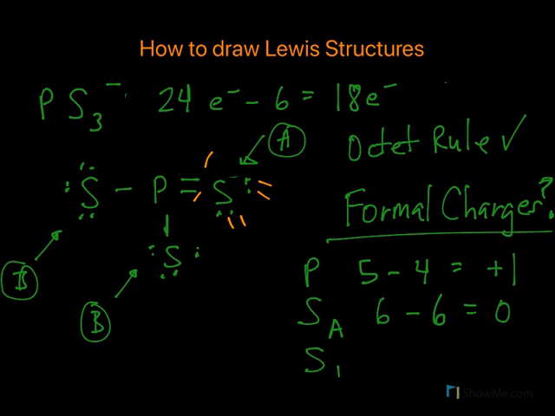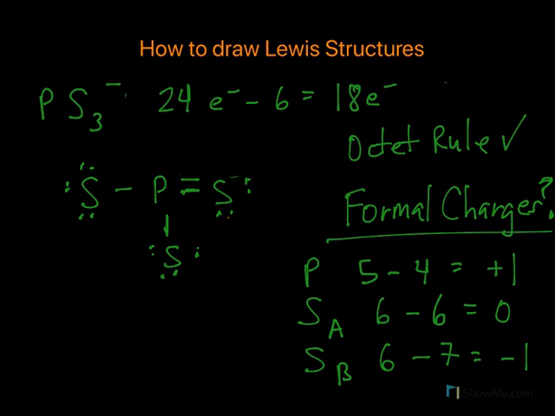How about sulfur B? Again, each sulfur has 6 valence electrons. It is contributing 1, 2, 3, 4, 5, 6, 7. So sulfur B is contributing 7 valence electrons. So the sulfur Bs have a negative 1 formal charge.